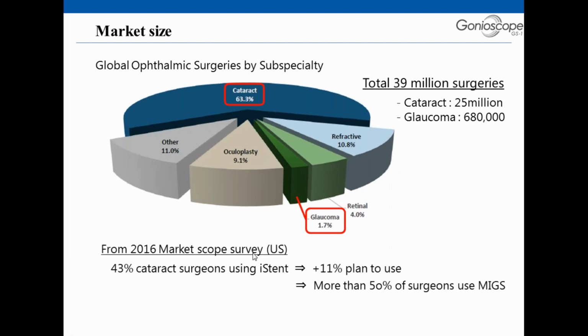This is from a Gonioscoop survey in the US, where 43% of cataract surgeons are using iStent, and an additional 11% of cataract surgeons are planning to use iStent, which means more than 50% of surgeons use MIGS, which leads to 13 million surgeries per year.